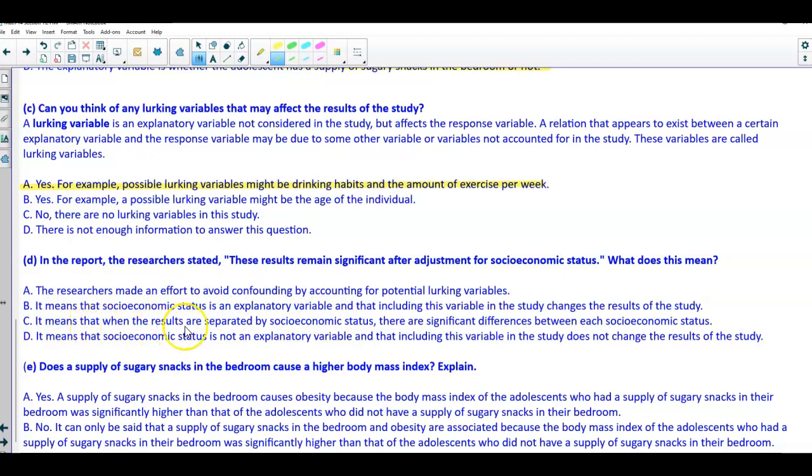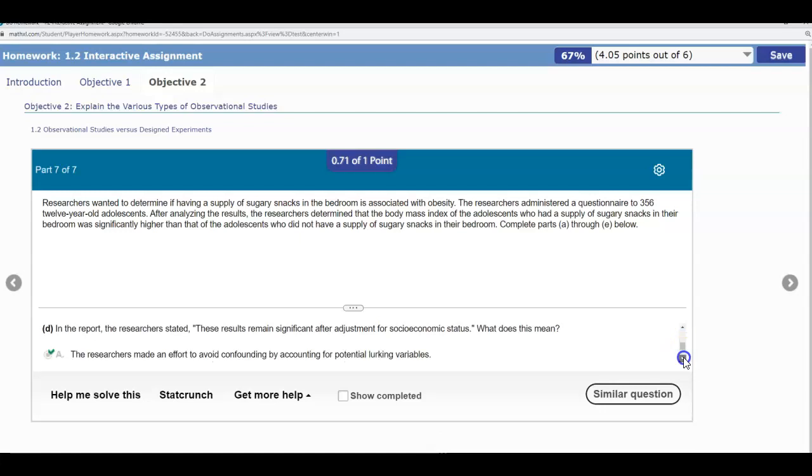It means that when the results are separated by socioeconomic status, there are significant differences. That's not true in this case, and it means that the socioeconomic status is not an explanatory variable, and that including this variable in a study does not change the result of the study. So we eliminate that. We're basically saying that the researchers made an effort to avoid confounding by accounting for potential lurking variables.